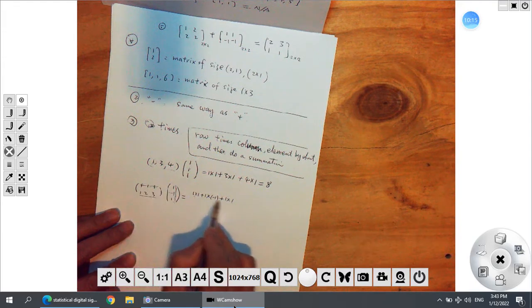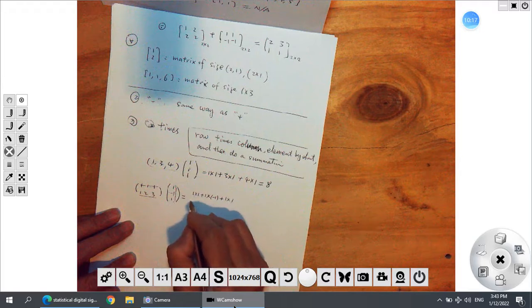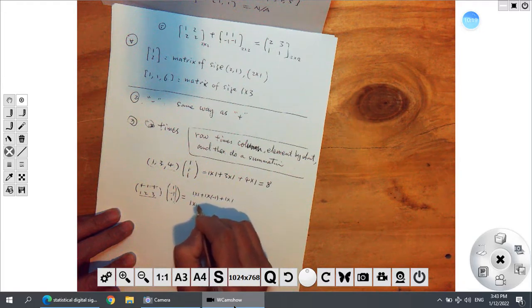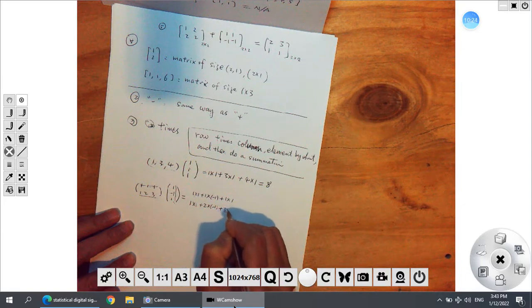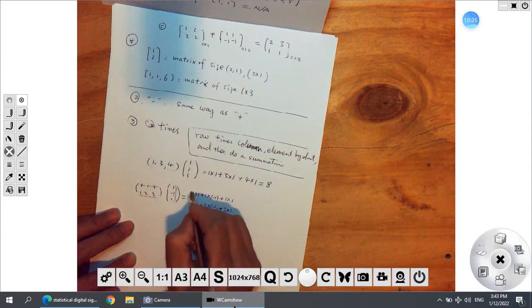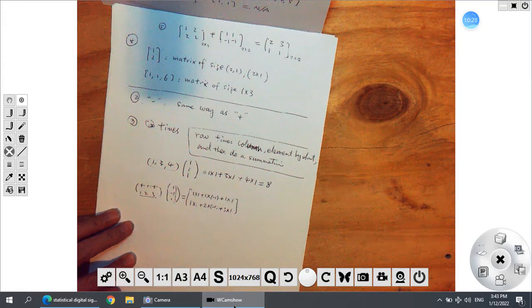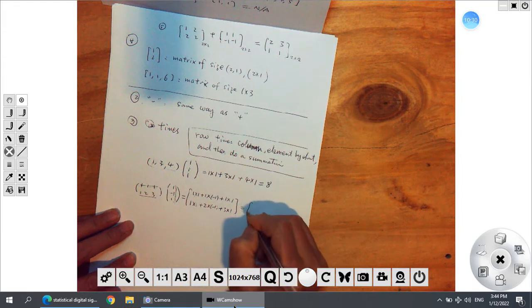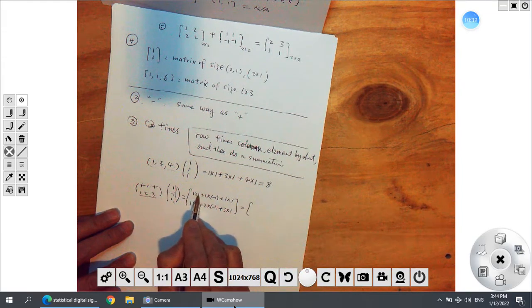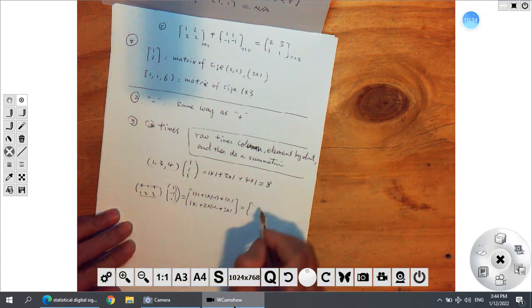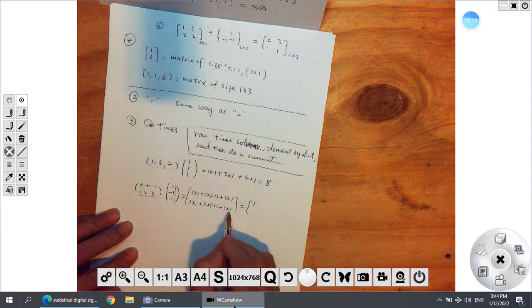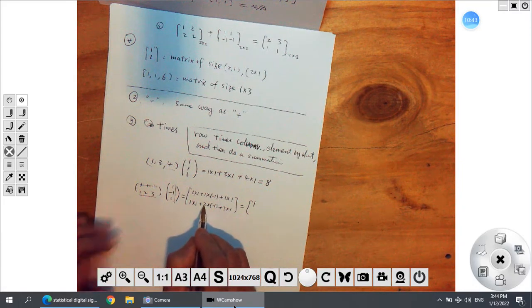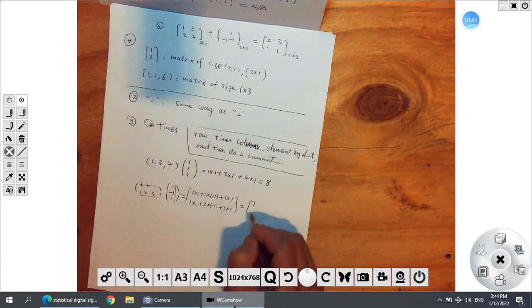This is the first number. Second number, similar thing, 1 times 1 plus 2 times -1 plus 3 times 1. Okay, I put them like this. Then the summation 1 minus 1 and plus 1, this is 1. 1 minus 2 plus 3, 1 minus 2 is -1 plus 3 is 2.